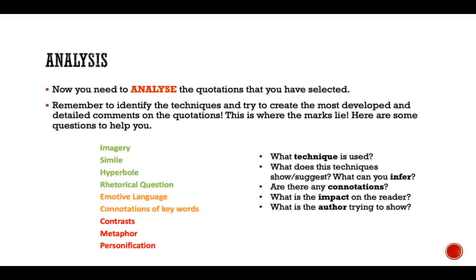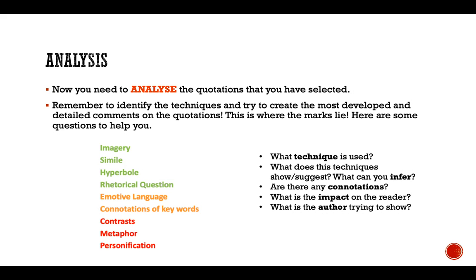We shouldn't just be saying one thing about a piece of evidence. We should be trying to say two or three things about it, okay? So what can we read between the lines? What conclusions can we draw from that particular quote? Are there any connotations of keywords? That's another important thing that we need to look at. What do we associate with particular words or phrases?